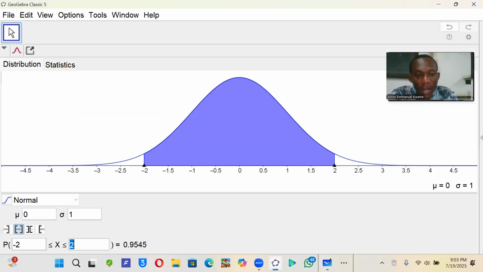When you come to the GeoGebra app, that is what it is giving, the area under this region. You can see the GeoGebra app has been able to show us -2 and 2.